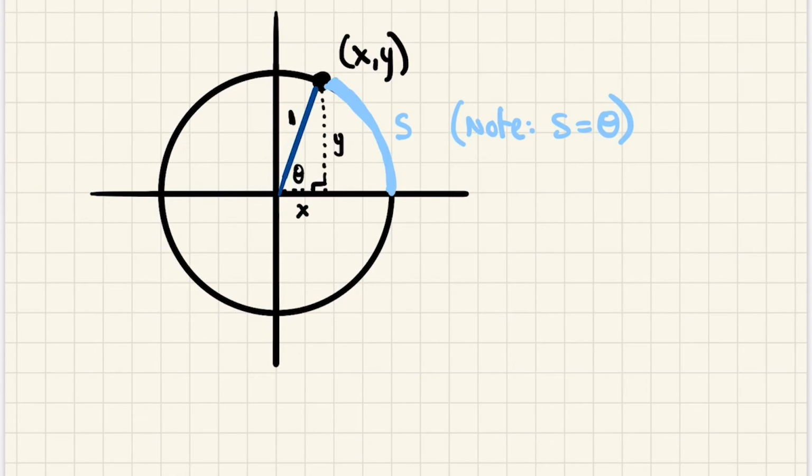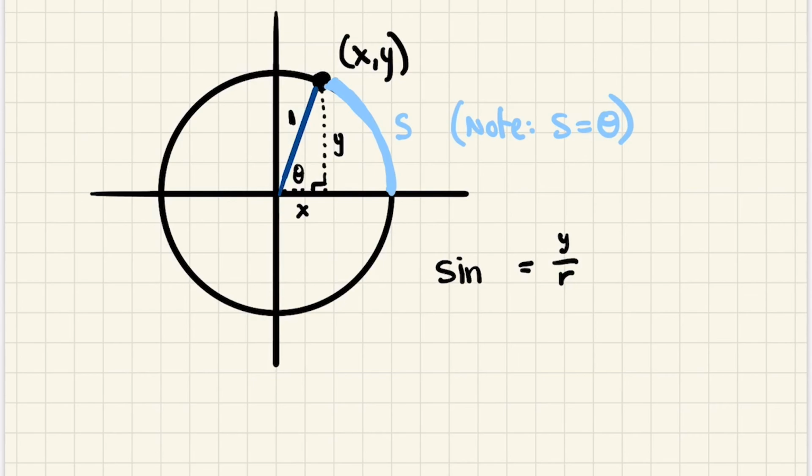Okay, well, let's talk about the trig functions for a moment. Let's notice something. We know that sine of theta is defined to be y over r. We can make a few refinements right now. First of all, we don't need the theta. We can use the length s.